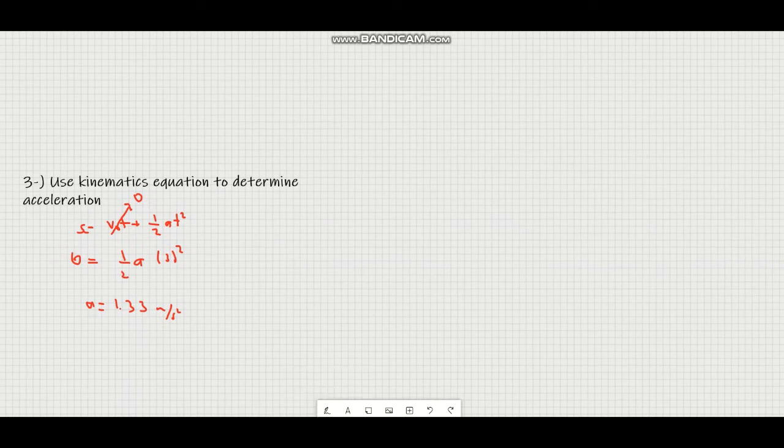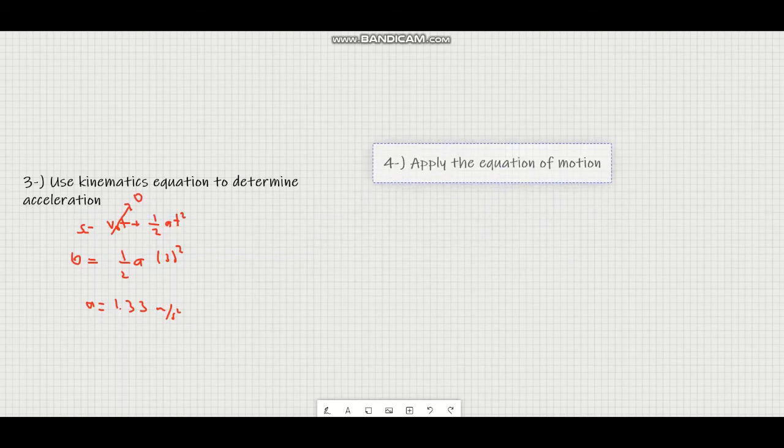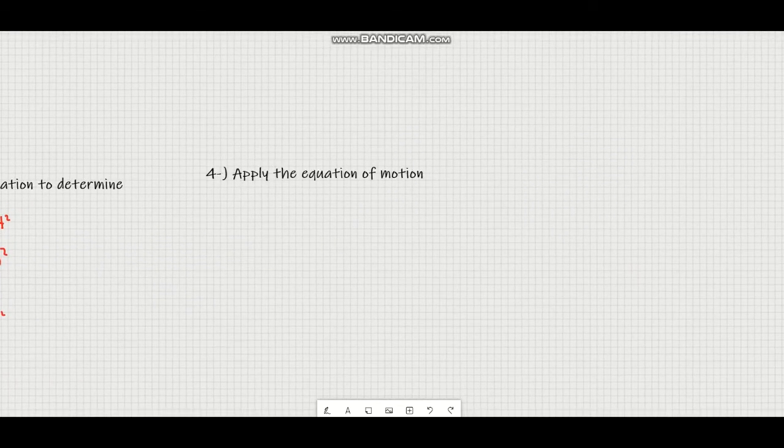Okay, the final step, which is 4. When we come to 4, we need to apply the equation of motion. So right now we come to the kinetics part, and we are going to apply the equation of motion.